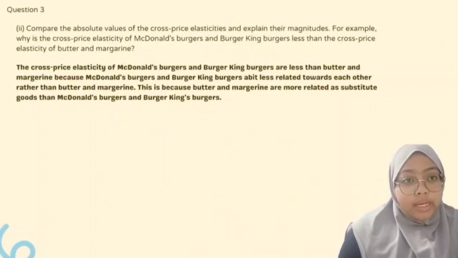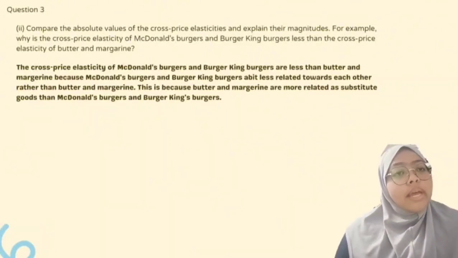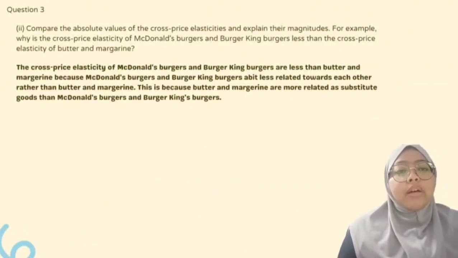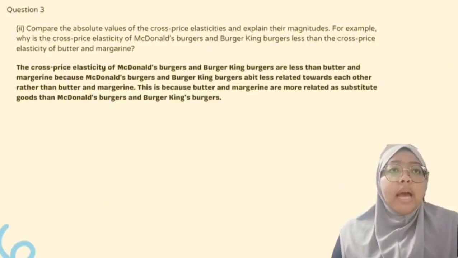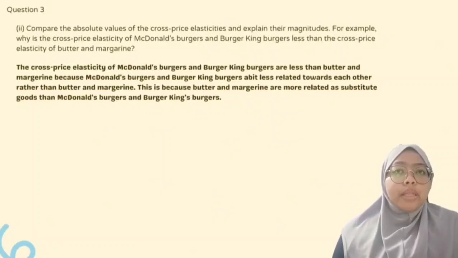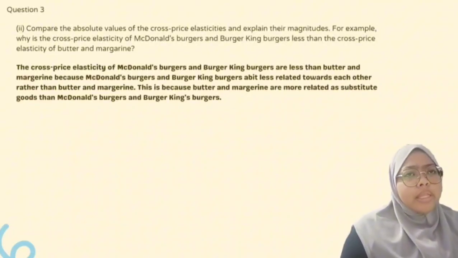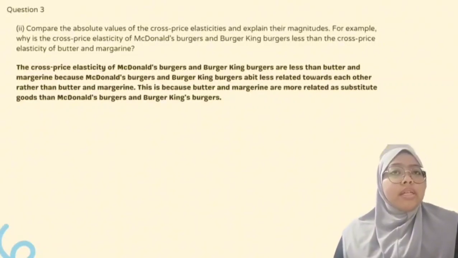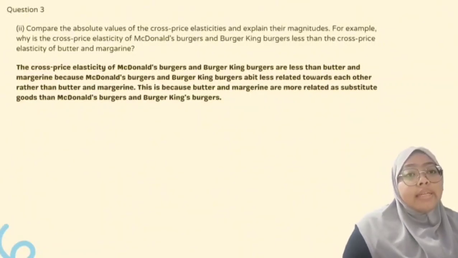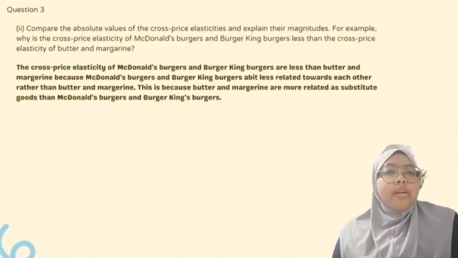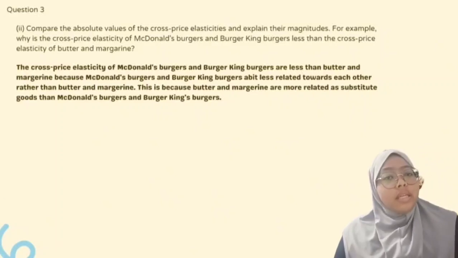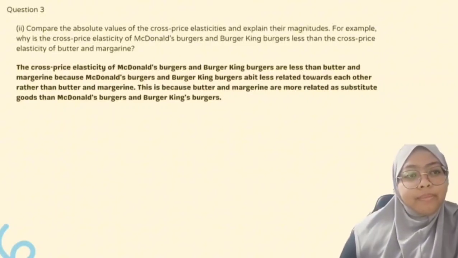The cross price elasticity of McDonald's burgers and Burger King burgers is less than that of butter and margarine because McDonald's burgers and Burger King burgers are a bit less related to each other than butter and margarine. Butter and margarine are closer substitute goods than McDonald's burgers and Burger King burgers. This is why McDonald's burgers and Burger King burgers have a lower cross price elasticity than butter and margarine.